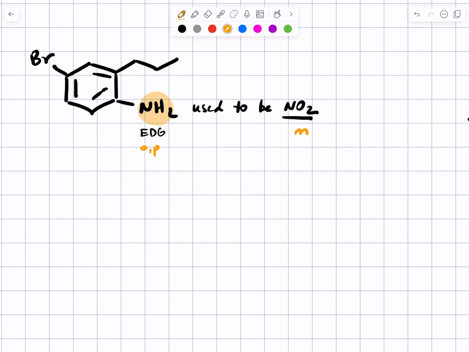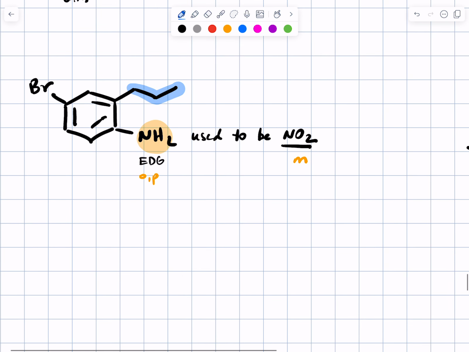How about the alkyl group? We'll highlight that. The alkyl group is currently an ortho and para director. I see the nitrogen ortho to it. I see the bromo meta to it. So that's a potential problem, right? That means there's going to be a conflict at some point.